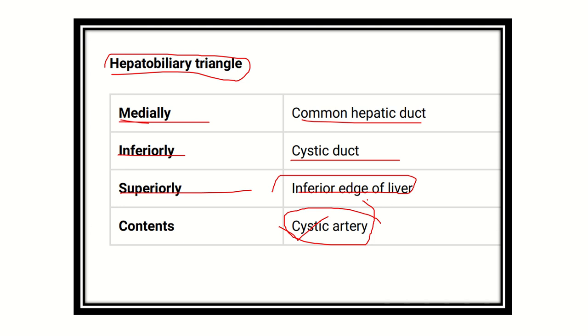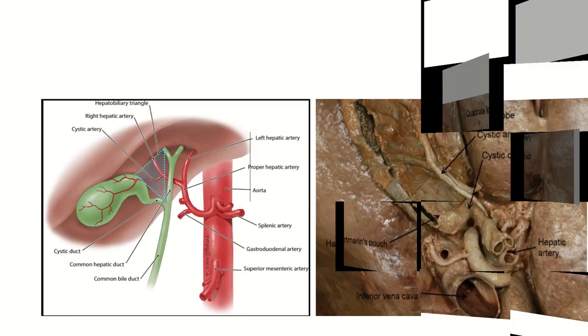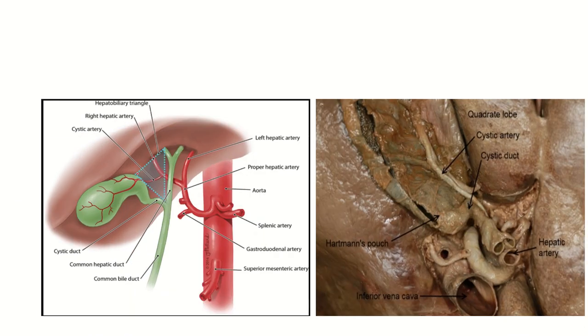or Calot's triangle. So let's see again, this dotted area is the boundary of the hepatobiliary triangle or Calot's triangle, and here we can see this is the aorta, that means it is the left side, and left side it is bounded by this structure which is the common hepatic duct. Here we can see this is the common hepatic duct, and inferiorly this is the inferior part, it is bounded by the cystic duct.